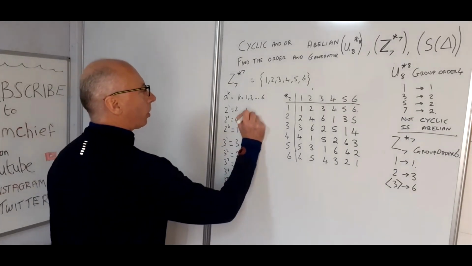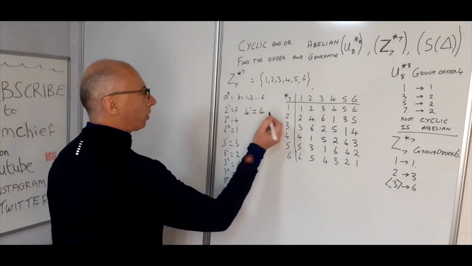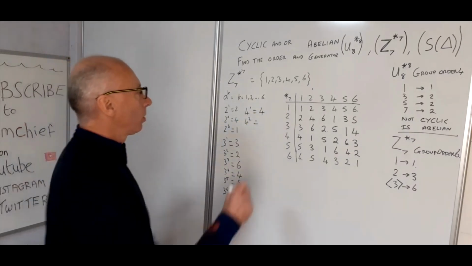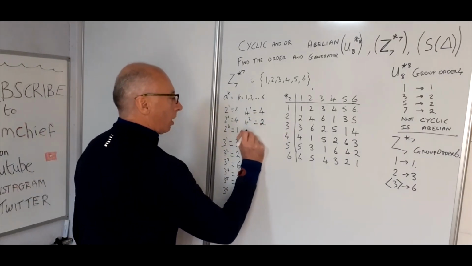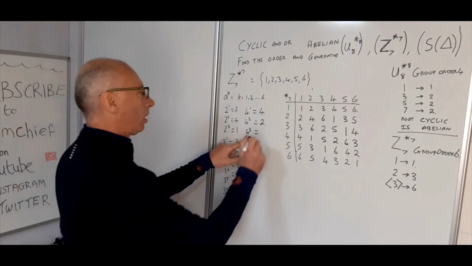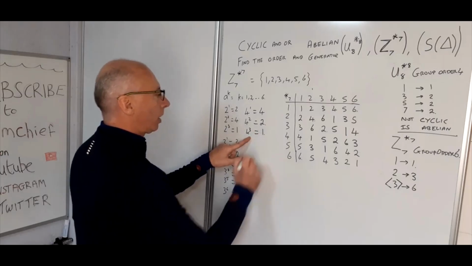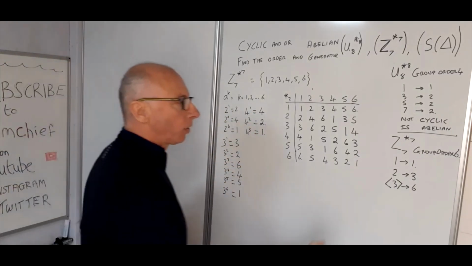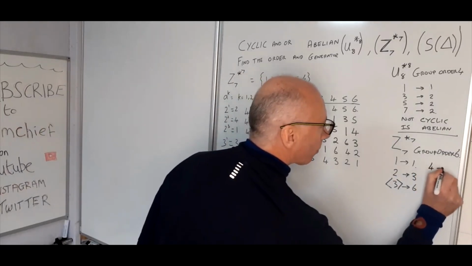Okay, let's try 4. 4 to the 1 is 4. 4 to the 2 gives us 16, that gives us 2. 4 cubed. Again, using 2 times 4, that gives us 8, which is 1. And then we know 1 multiplied by 4, we're back to the 4 again. So 4 is of order 3.